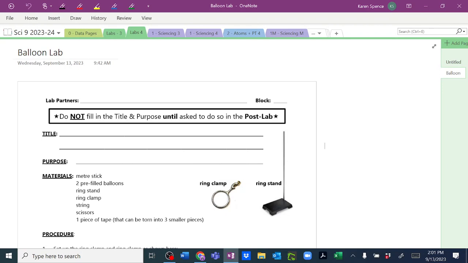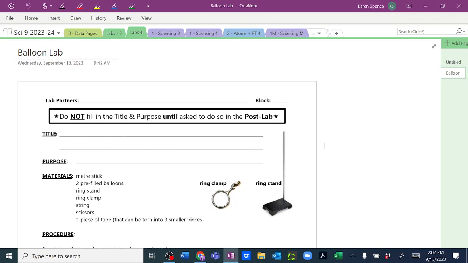Every single person is going to get a copy of the lab. Everybody's going to write their name on the top of the lab. And you're going to be working in groups of 2 or 3. If you can't find a group, if you're like, oh no, I don't have a group, don't worry, I can help you find one. All right?